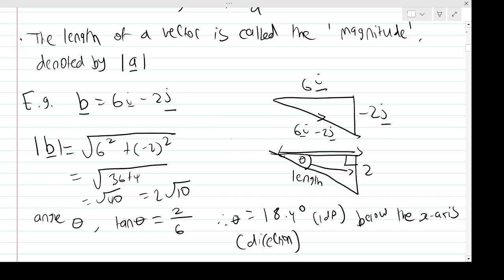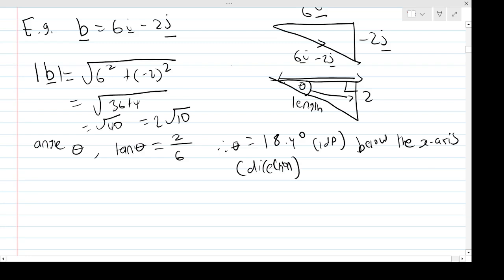Usually they will tell you where to measure the angle from. We'll see more examples like that, but the whole idea is the angle in this way gives us the direction of the vector. So you can see the length is the magnitude of 2 root 10 and the direction is the angle 18.4 degrees.